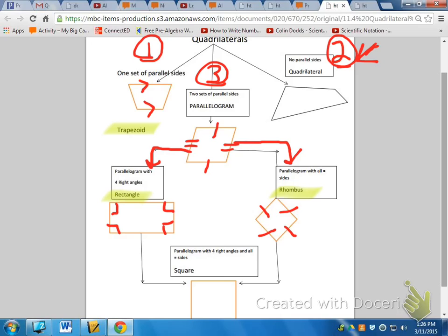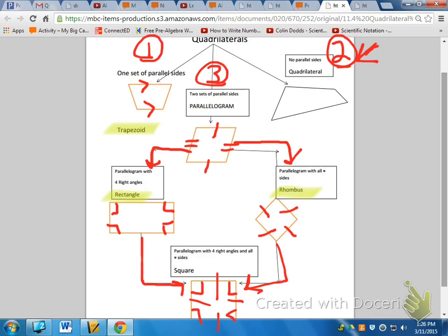We would probably call that a diamond, but it's really known as a rhombus. Finally, if you combine the rectangles with the rhombi, you get a square, because a square is a parallelogram with all right angles and all equal sides.